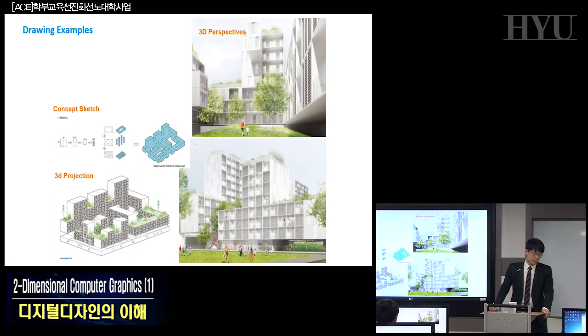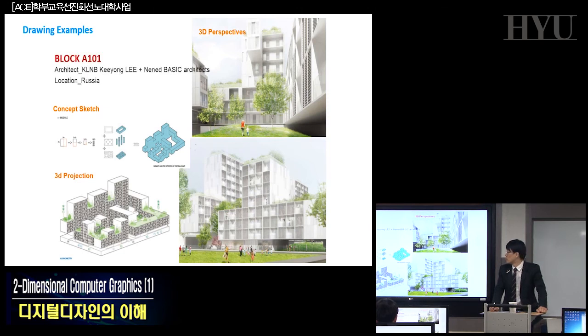So in 3D perspective view, some render scene, we can realize this box-shaped building is a kind of cube objects, series of cube objects stacked. Okay, looking like some co-housing building, something like that. Named block A101, intended to be constructed in Russia somewhere.